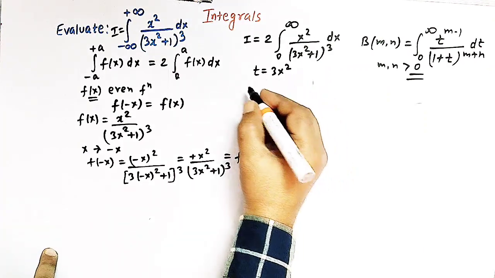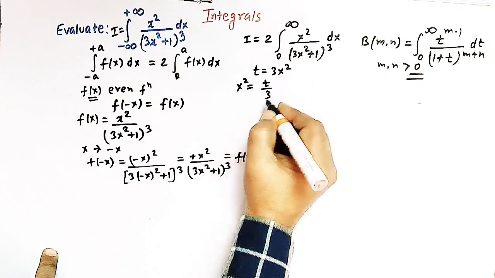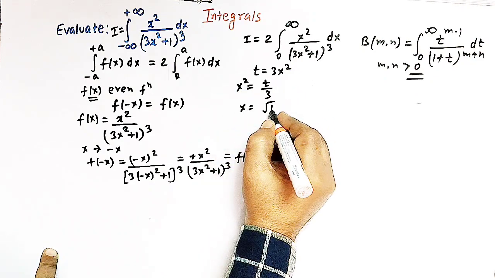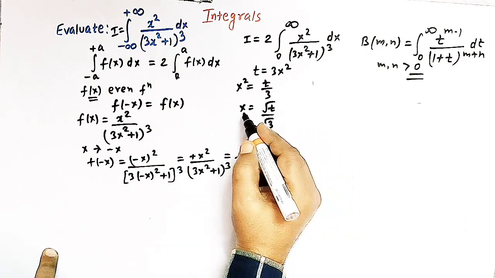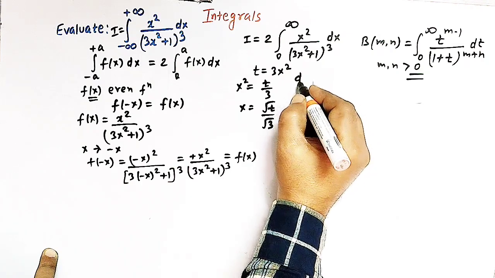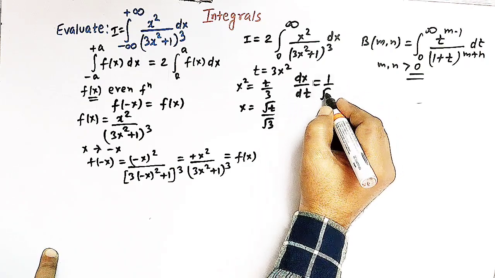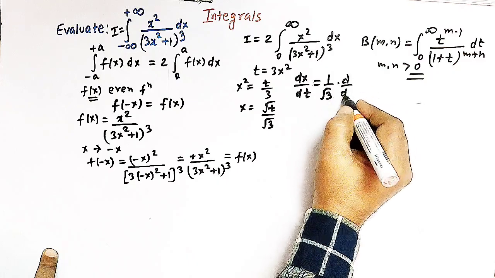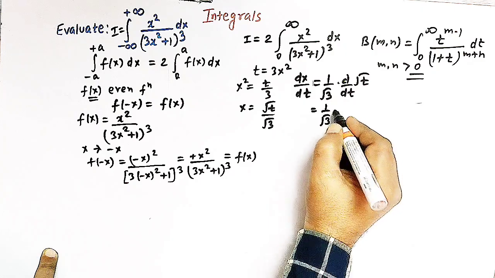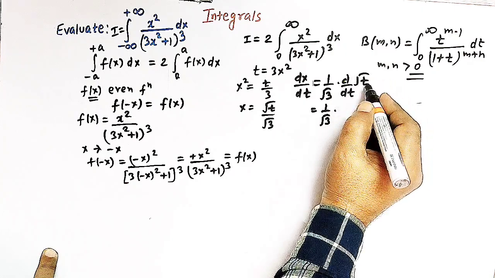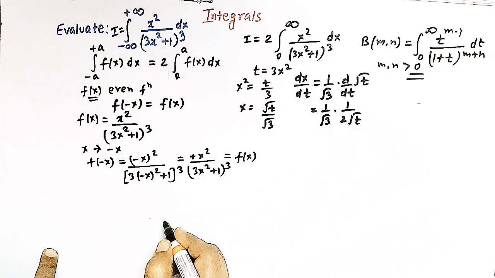So now we can write x square is equal to t over 3. So x is square root of t over square root of 3. So let us differentiate x with respect to t. So dx over dt is equal to 1 over root 3, and the derivative of square root of t with respect to t is 1 over 2 times square root of t.